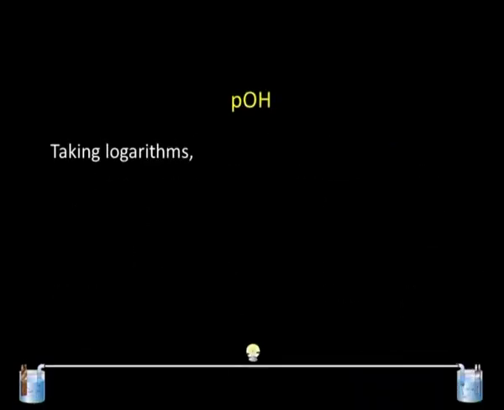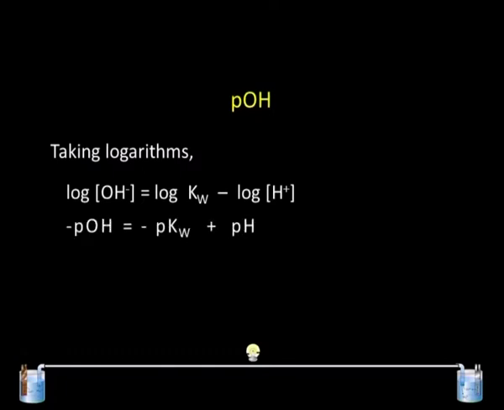If we take logarithm in this equation, we can write it as log OH- is equal to log Kw minus log H+, and for pOH we write it as minus pOH is equal to minus pKw plus pH.